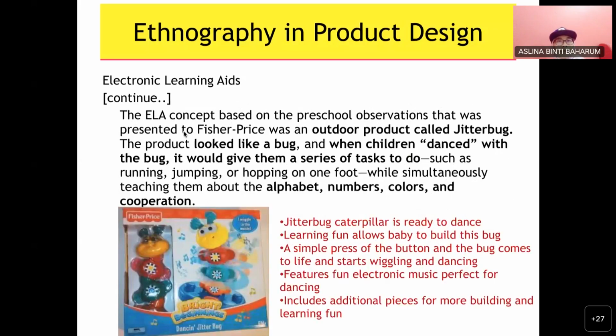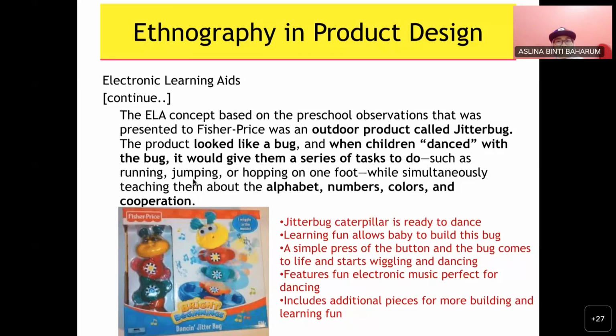So what they found from the observation and analysis, they came up with an outdoor product called Jitterbug. The product looks like a box, like Jitterbugs. When children dance with the bugs, it gives them a series of tasks to do, which is running, jumping, hopping, because that is the recess time.